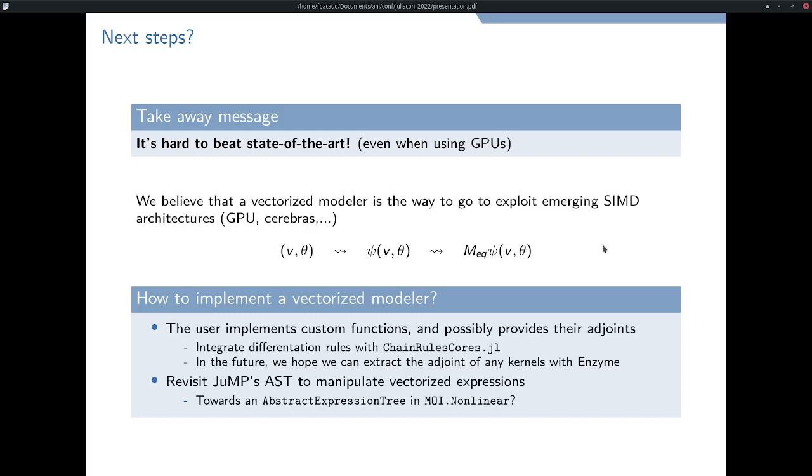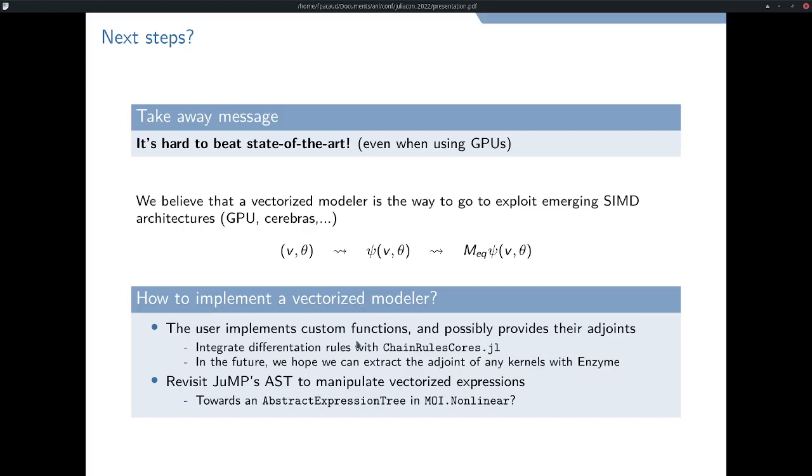But we believe that such a vectorized modeler can be implemented inside general code directly to write down the adjoint explicitly if they are available. And if they are not, we have good hopes that we can use at least Enzyme to extract the adjoint automatically.